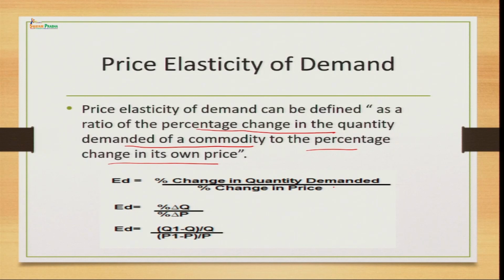Another way of writing this formula can be delta Q upon delta P, and another way you can write it here is Q1 minus Q, that means the new quantity is Q1 and the older quantity which was demanded at the old price was Q, so the difference between the two divided by the old quantity, and then new price minus the old price divided by the old price. So, this is how we use this formula to calculate the change taking place in the quantity demanded due to the change in the price.